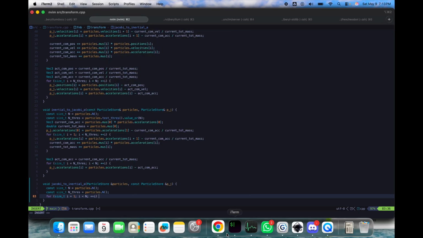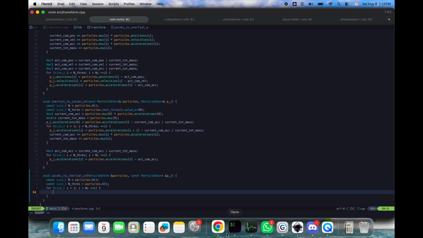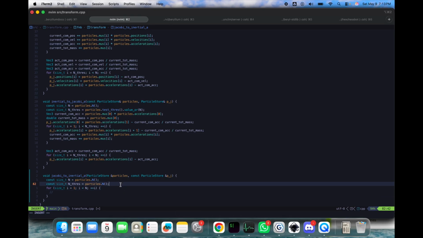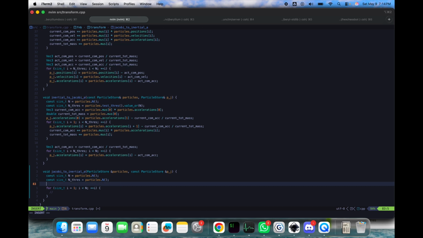So plus plus i, and now what? There's going to have to be some loop counter. Double current total mass.